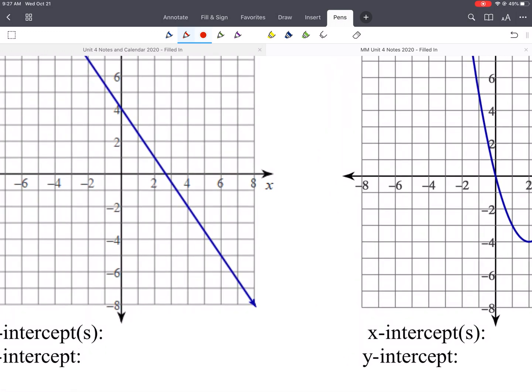First off, let's change this line. Sorry, let me change this line really quick. If I do annotate, let's do a line. Okay, let's change this one.